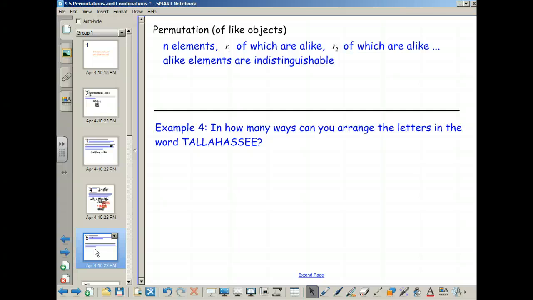So if I have n elements, of which R1 are alike, R2 are alike, and so forth, they're indistinguishable, like my candy, my jelly beans, my whatever. Then the way that I find this permutation is I do n factorial, just like I did before, but in the denominator, I do R1 factorial, R2 factorial, for however many R's I have.